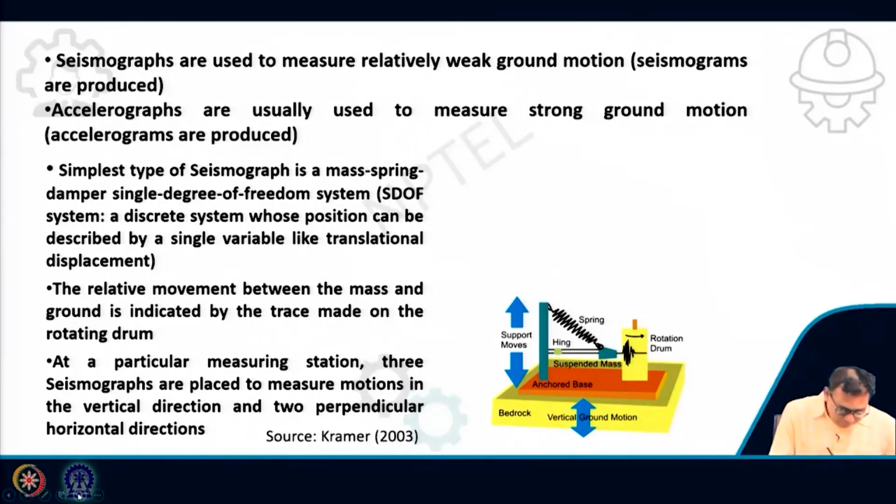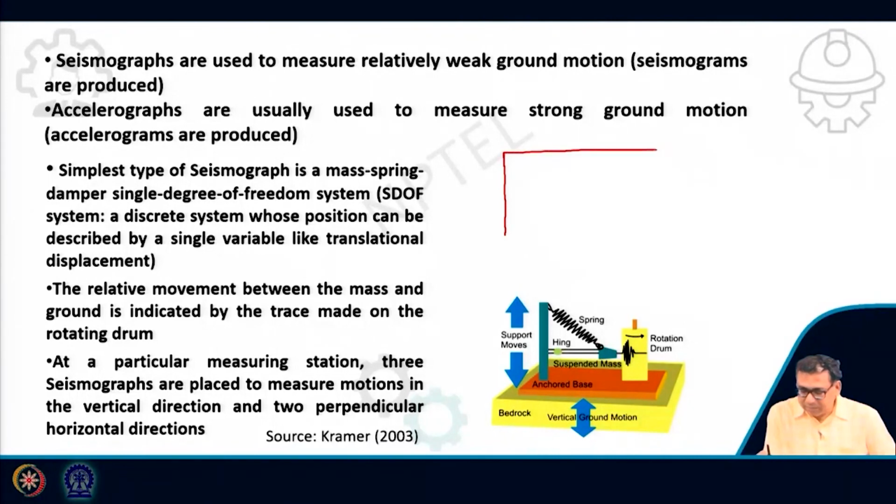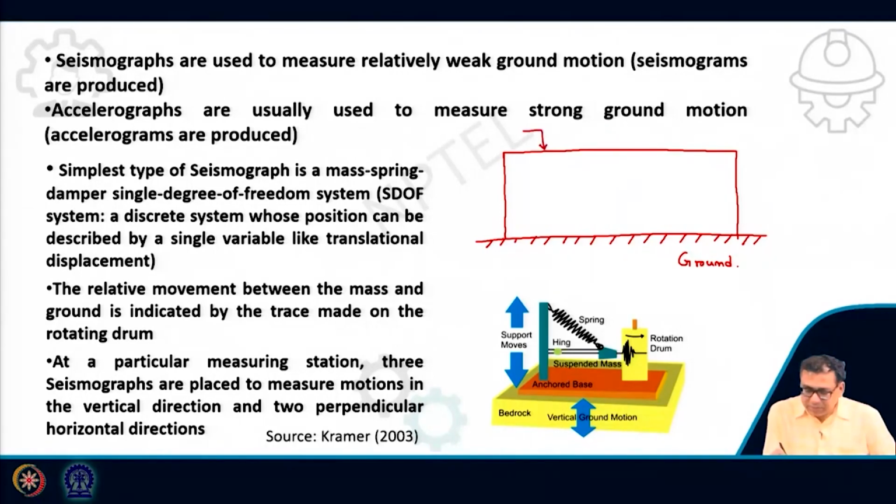Now if I draw the horizontal position of a seismograph, where I can measure the horizontal displacement, this is the housing. That housing is actually fixed on the ground. This is my ground and this is the housing.